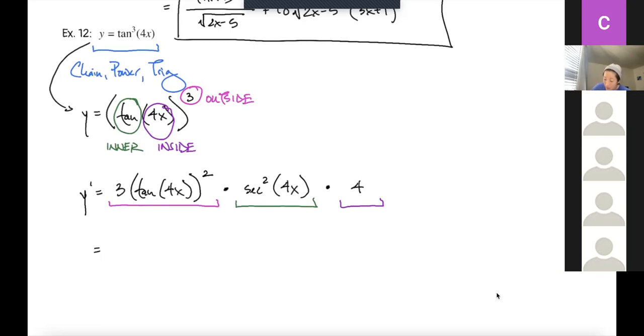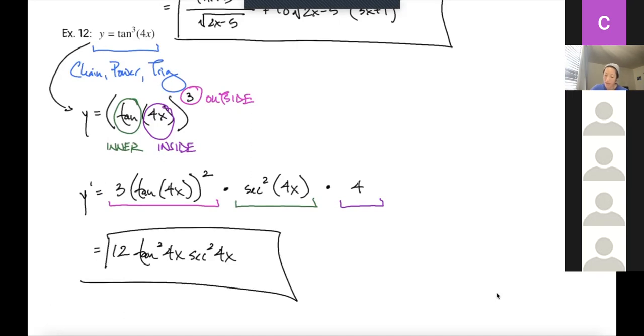Now, if we're combining these, this is really about the simplification that I would expect. I would expect that the 3 and the 4 get multiplied together to be the constant in the front. Then it doesn't matter which one comes first, but then we'll have our tangent squared of 4x and our secant squared of 4x.